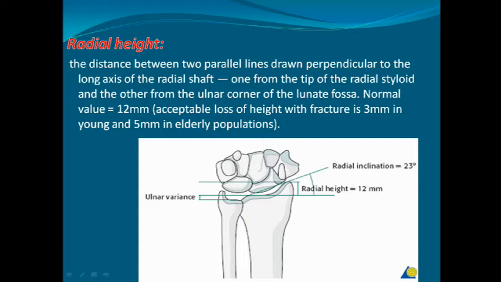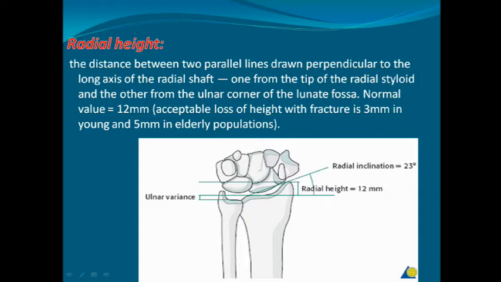So what is radial height? It is the distance between two parallel lines drawn perpendicular to the long axis of the radial shaft. Where do we draw these two lines? One from the tip of the radial styloid, and the other from the ulnar corner of the lunate fossa.